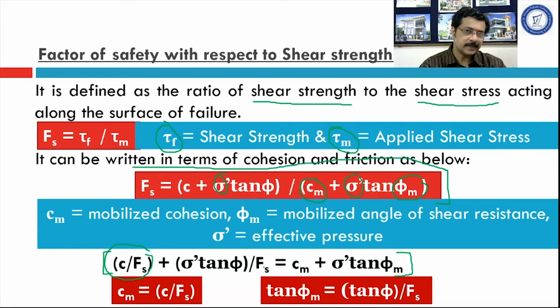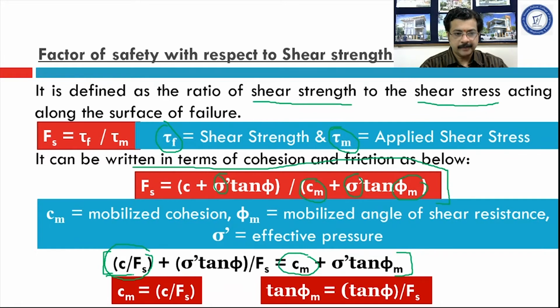This is the left hand side of the equation. On the right hand side we have Cm, the mobilized cohesion, plus sigma dash tan phi m, where phi m is the mobilized angle of internal friction. Comparing, the left hand side has C by Fs and the right hand side has Cm.